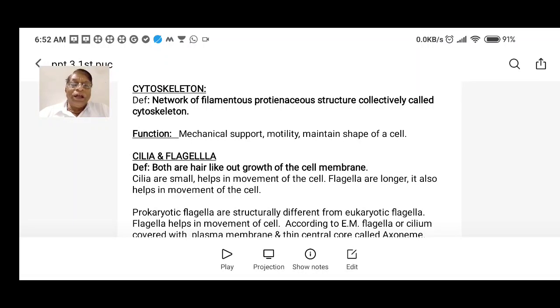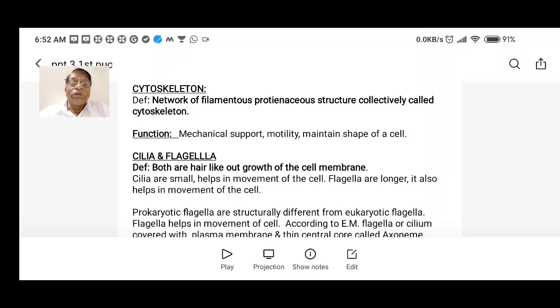Once again, network of filamentous proteinaceous structures in the cytoplasm collectively called cytoskeleton.